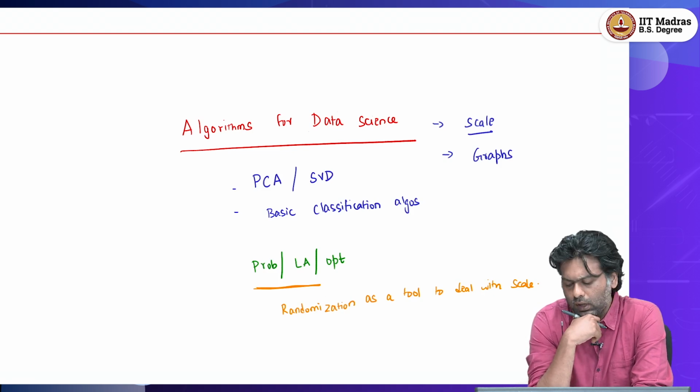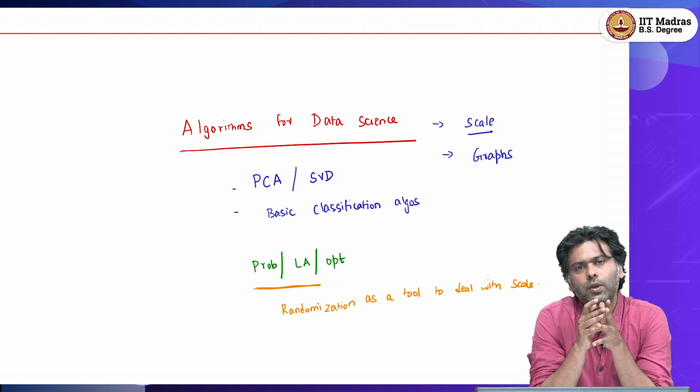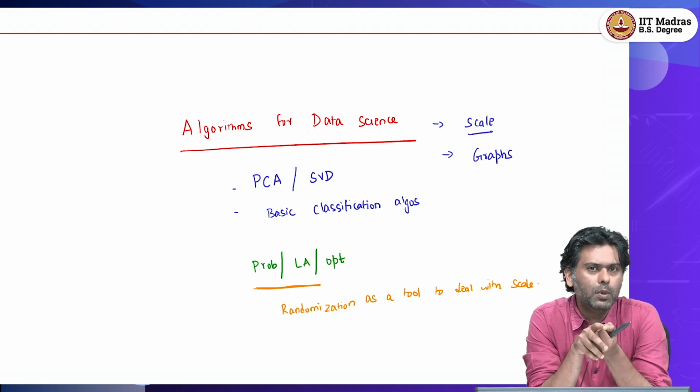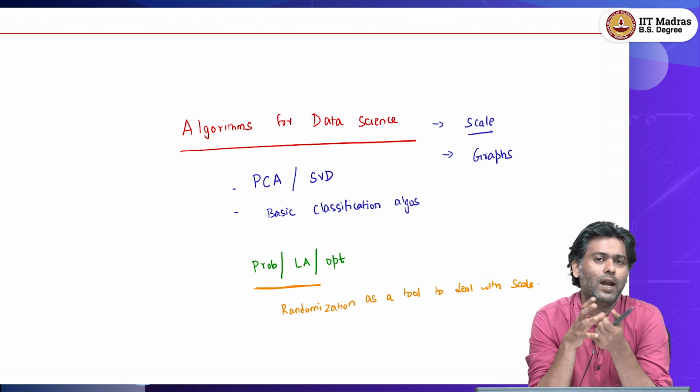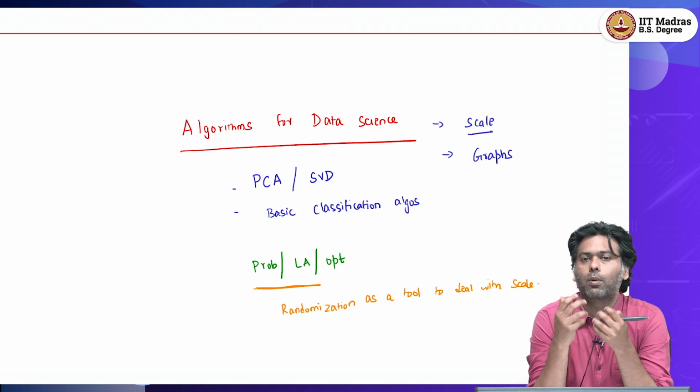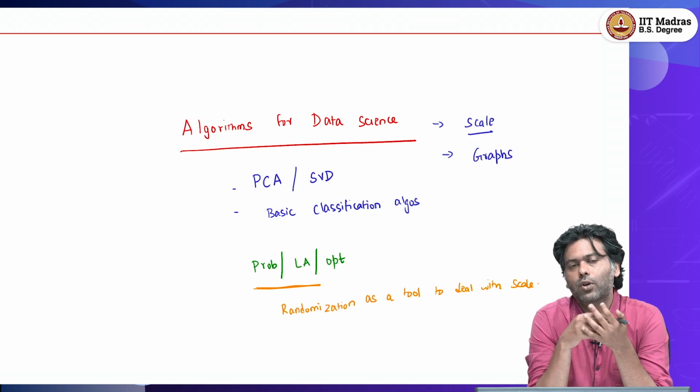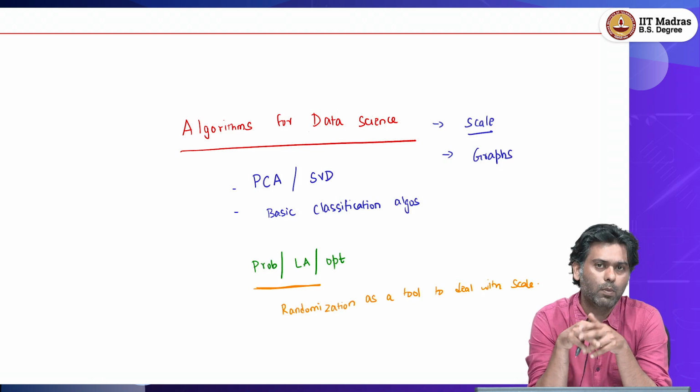In some sense, we are going to use the power of probability to help us develop a randomized algorithm, and this randomized algorithm is going to make some probabilistic choices, and these choices will help us deal with typically the problem of scale.